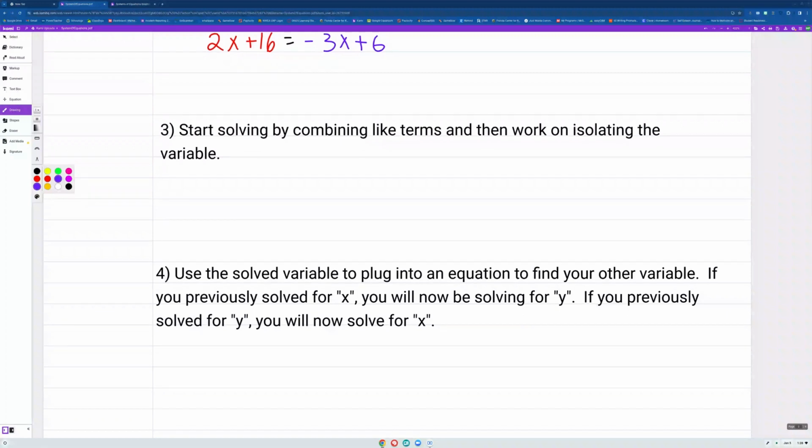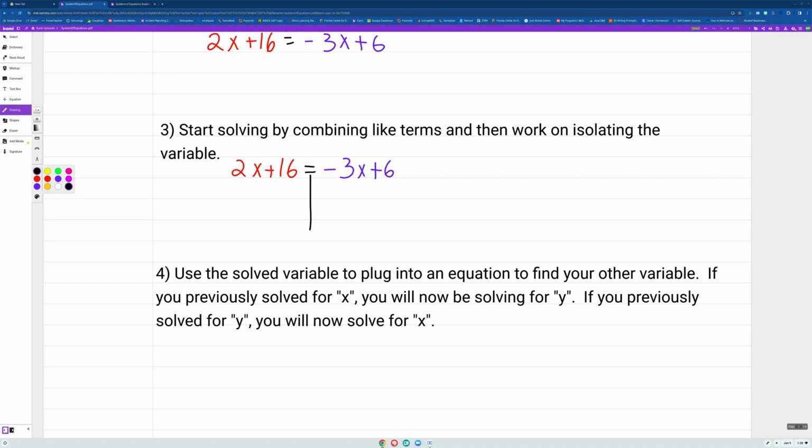by combining like terms if we have to, but I would like to work on isolating that variable. So using the equation of 2x plus 16 is equal to negative 3x plus 6.